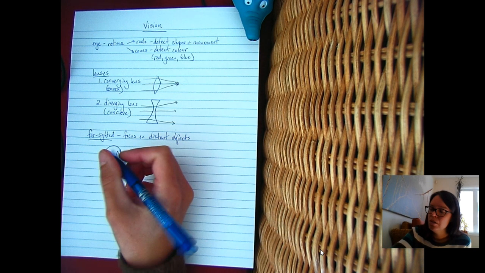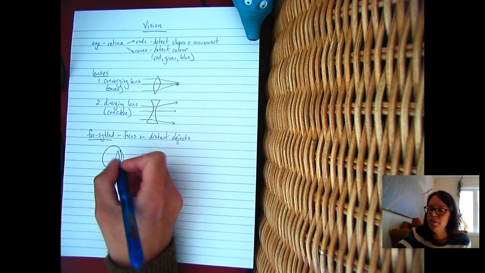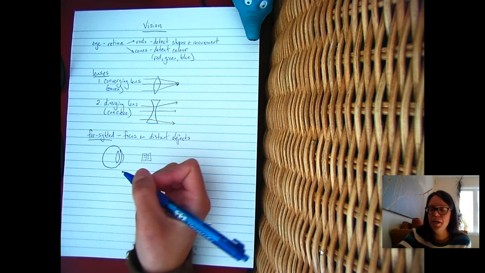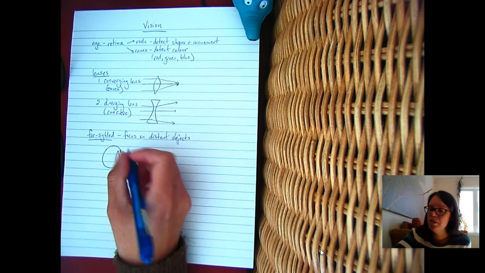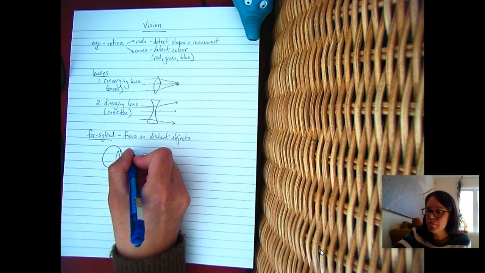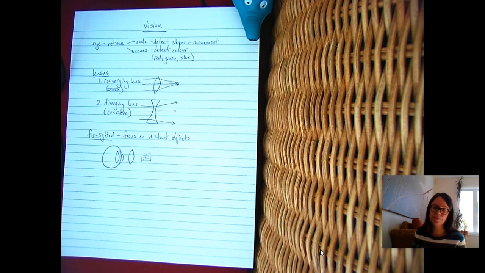So what you need to do is put something in your eye that does another layer, basically, of bending the light in, because your lens isn't doing that. So in this situation, you are going to put a lens in front of your eye that is a converging lens. Okay.